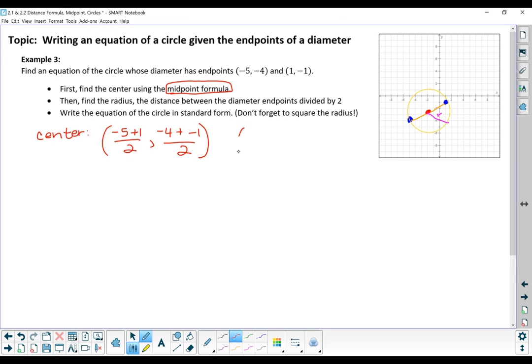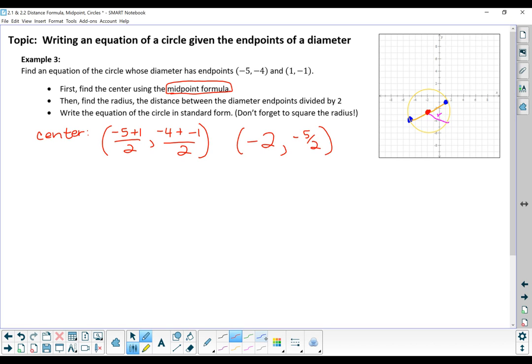And so that puts our center at -2 for our x coordinate, and our y coordinate is -5/2. And again, it's completely fine that that's a fractional value. It's the same as -2.5, and you can see that the center I just calculated matches what my picture looks like. The x coordinate is -2, and it's between the -2 and the -3 in the y direction.